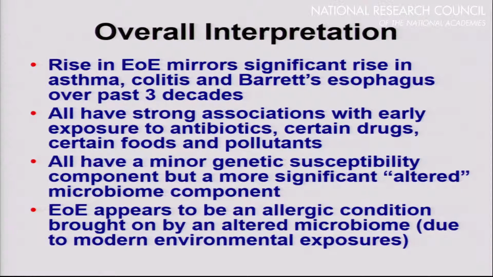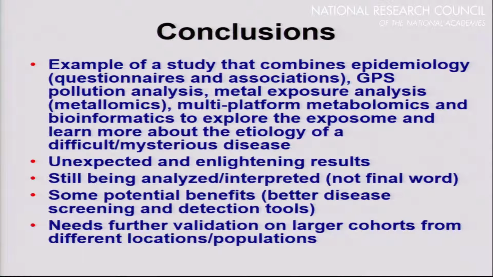They do have a minor genetic susceptibility component, but really the message that seems to be coming out more and more is that what you were exposed to early on fundamentally alters your microbiome, which then fundamentally leads to the disease. So EoE manifests as an allergic condition, but it appears to be really brought on by an altered microbiome, which was ultimately due to modern environmental exposures.